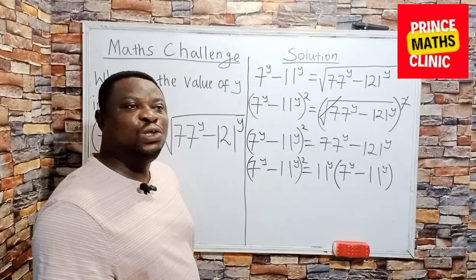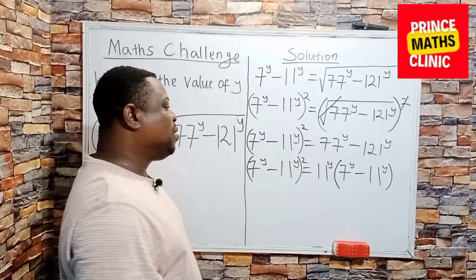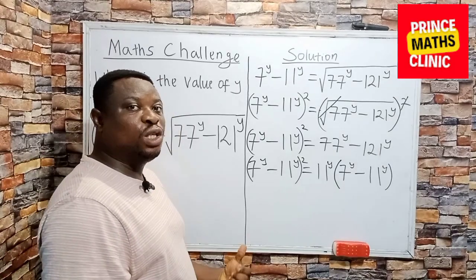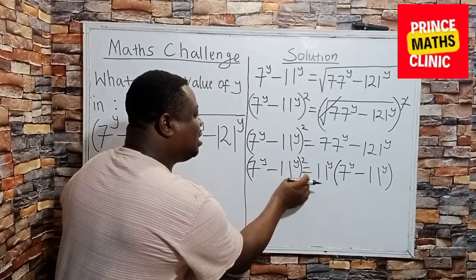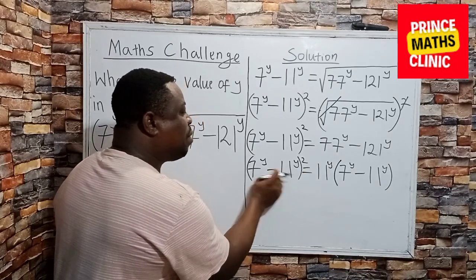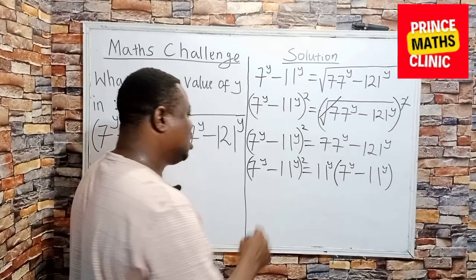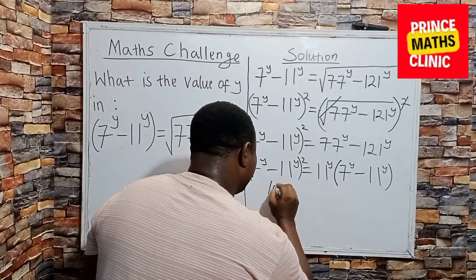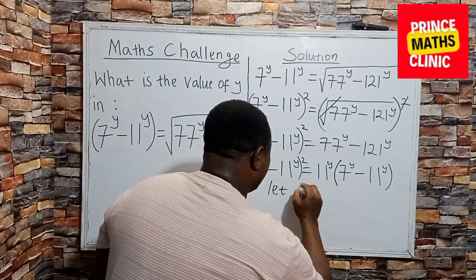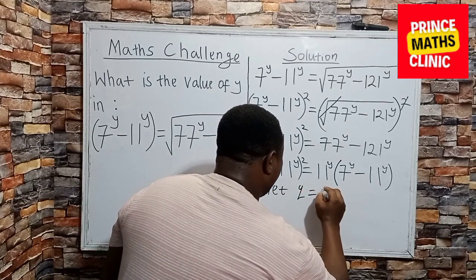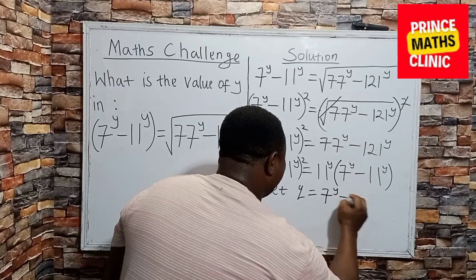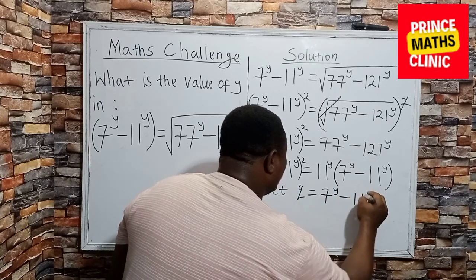The method I'm going to use now is special because I'm going to use the substitution method. Everywhere I see this 7 to the power of y minus 11 to the power of y, I'm going to put a letter to replace it. So let q be equal to 7 to the power of y minus 11 to the power of y.